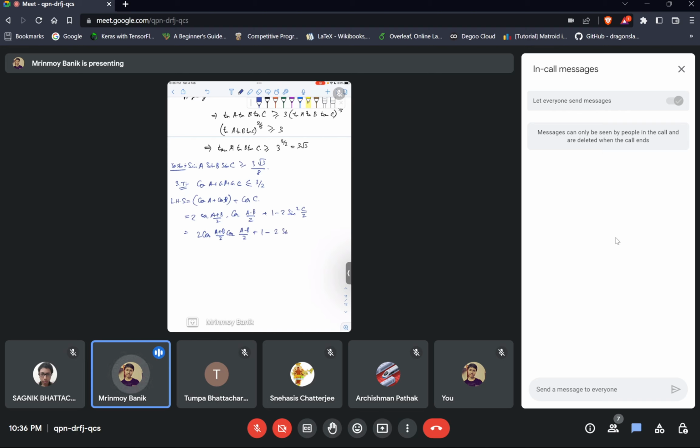So it's 2 sine C by 2 cos A minus B by 2. So we can write sine square C by 2 as cos squared A plus B by 2 and take cos A plus B by 2 common.